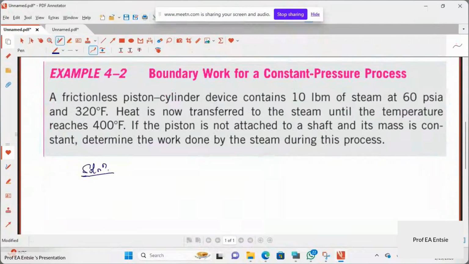The device contains 10 pound mass of steam.